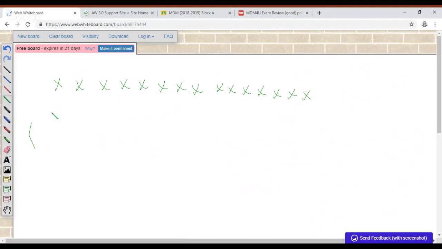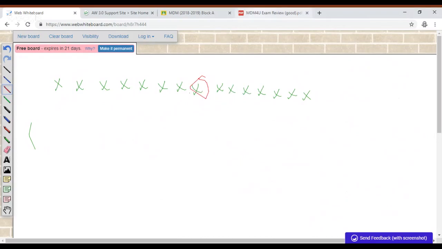So there's 15 pieces of data. The middle piece of data, because it's an odd number, we can find exactly. It's going to be the 8th piece of data, so you can count 7 from the front and 7 from the back.